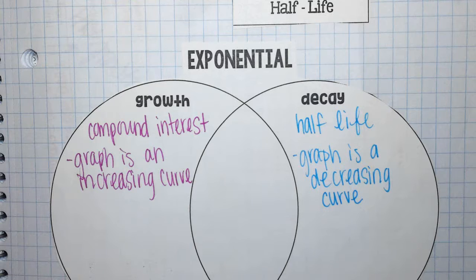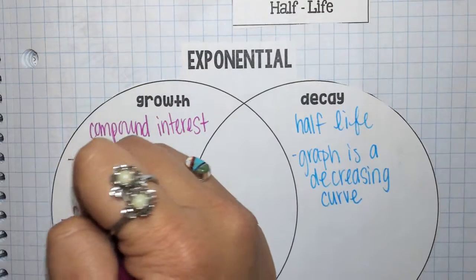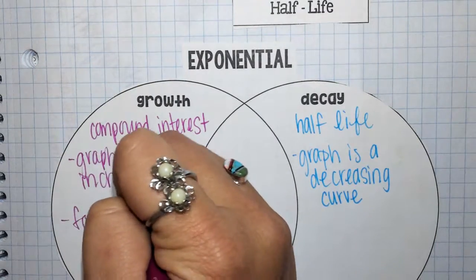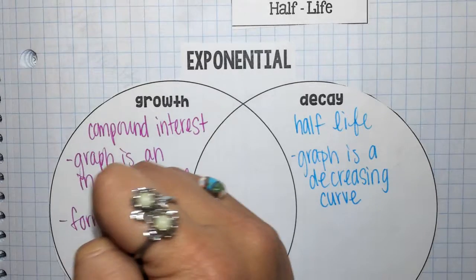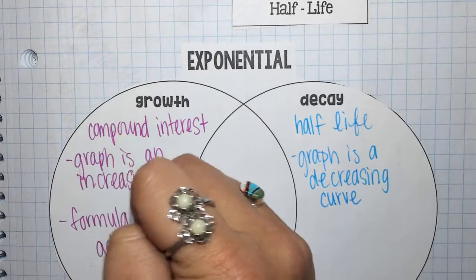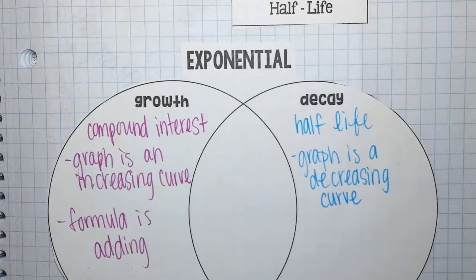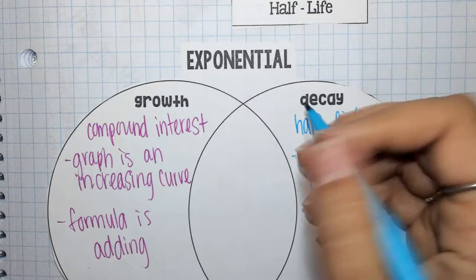If it's growing, it's adding. Awesome. So the formula is adding. What about on decay? The formula is subtract. Good.